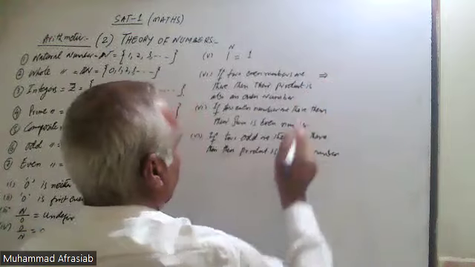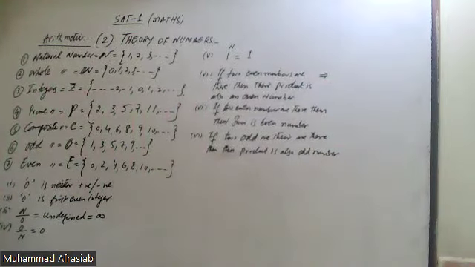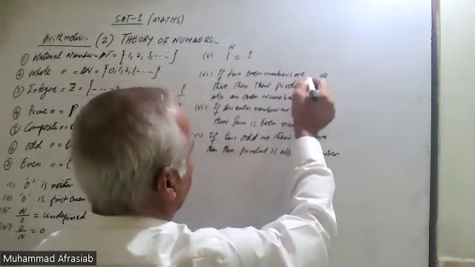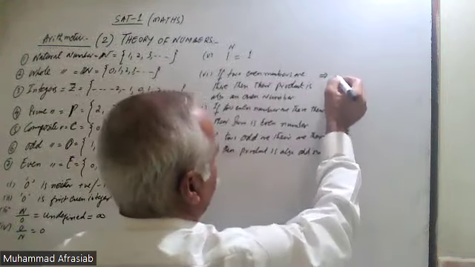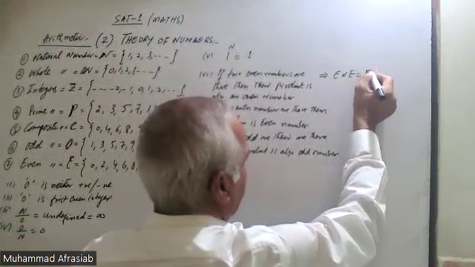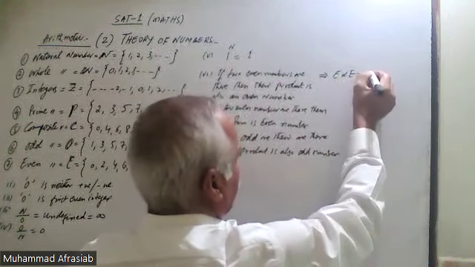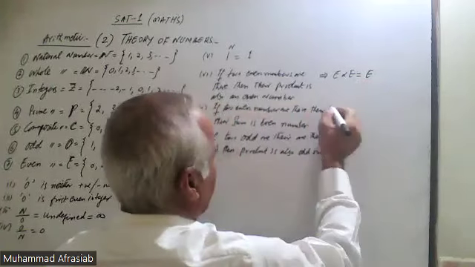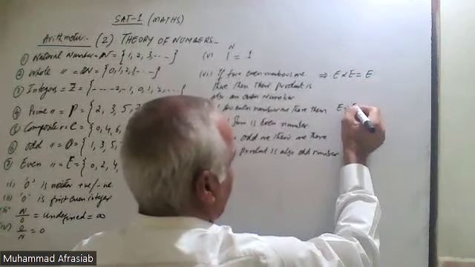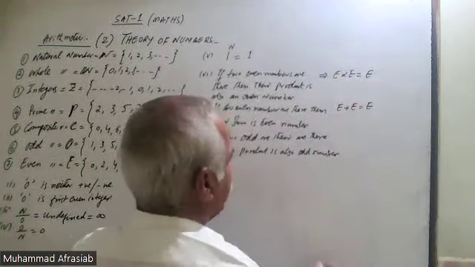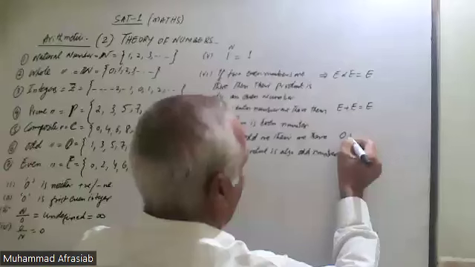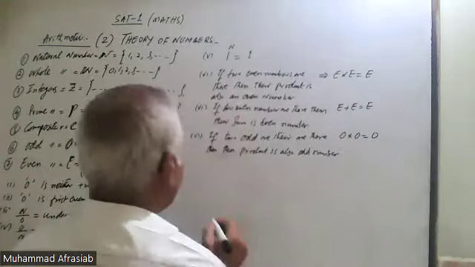Suppose we represent even by E and odd by O, then here, if the two numbers are there, then their sum or product. So that means what? Even into even is always equal to even. Even plus even, that is also equal to even. If two numbers are odd, then their product, that means odd into odd is also equal to odd.